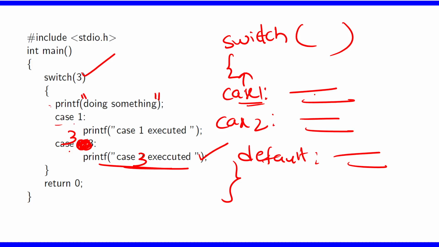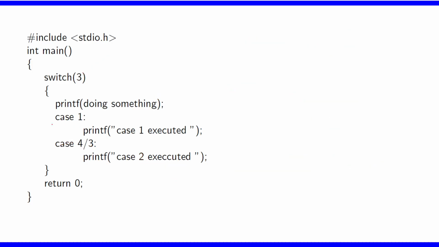Okay, so this printf doing nothing or doing something will not be executed. That is the second point here. I hope you understood. For this problem, it will throw an ambiguity error, though there is no matching case, because keeping two cases with the same value is an error. This is not accepted. Okay, I hope it's clear.